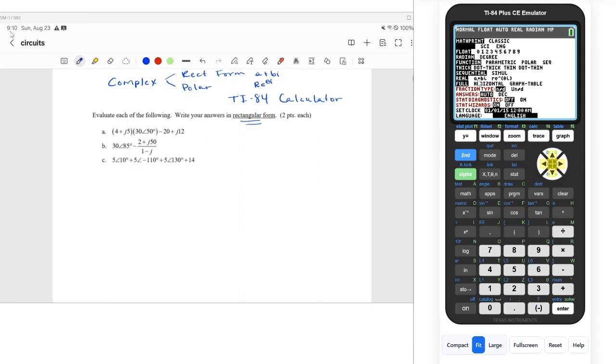It's asking for rectangular form, so I'm going to click down, get on top of the A plus BI and hit enter to change that mode.